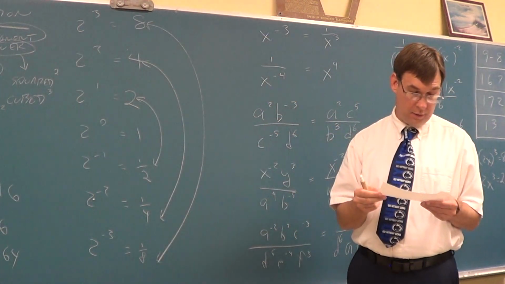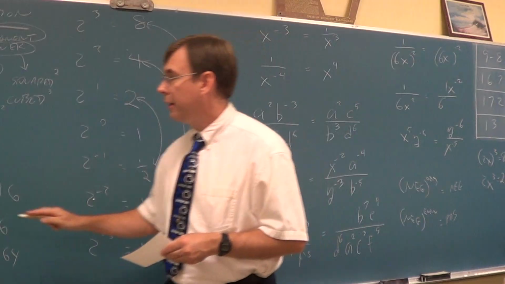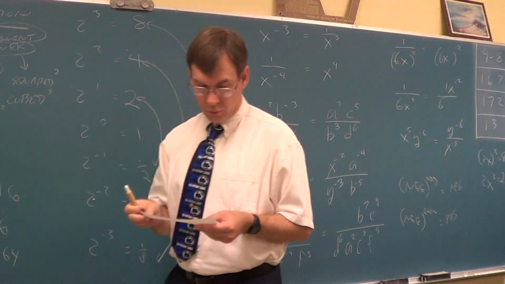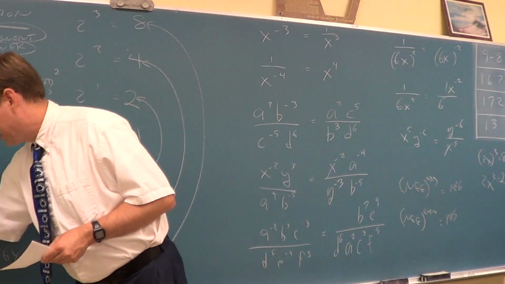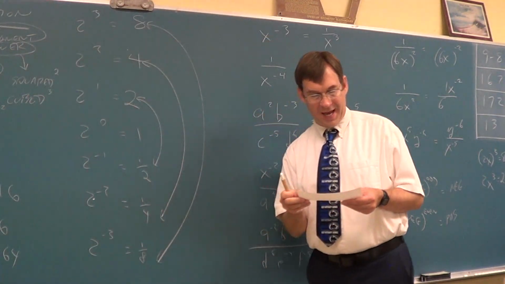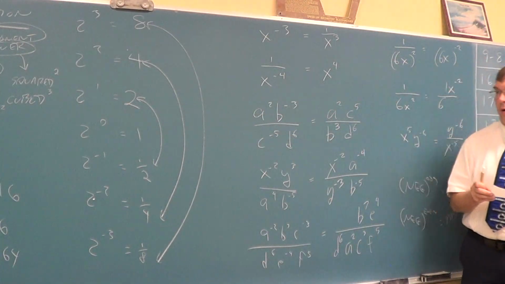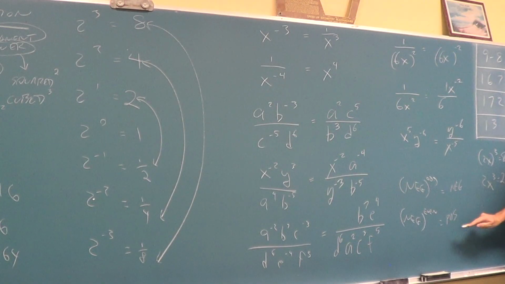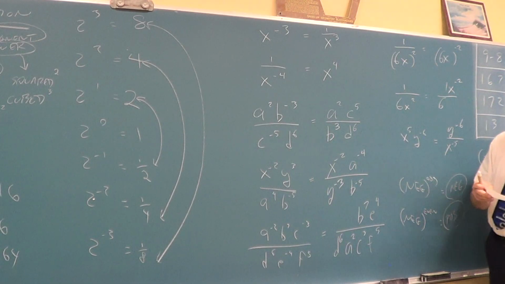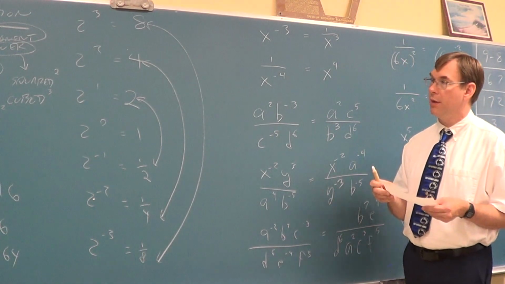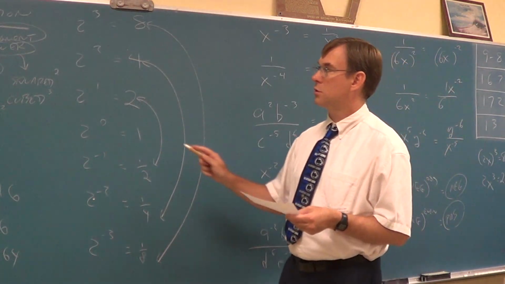Anything to the 0? 1. What the negative exponents do? Flip things. What's a negative to an even power? Positive. Negative to an odd power? Negative. Two powers that have special names, and what are the names? Squared and cubed.